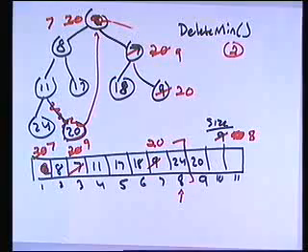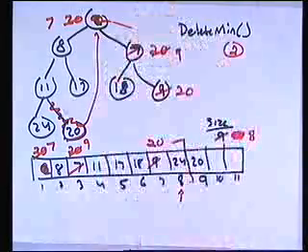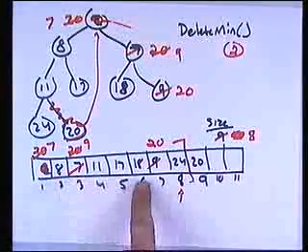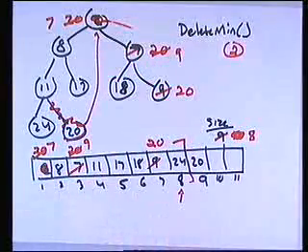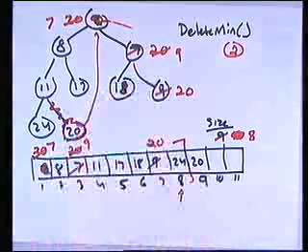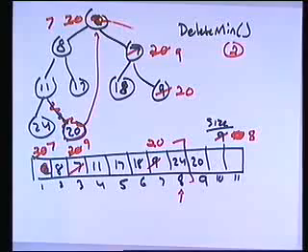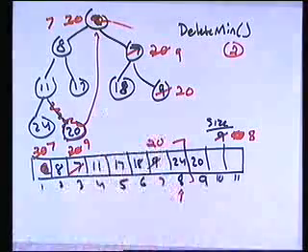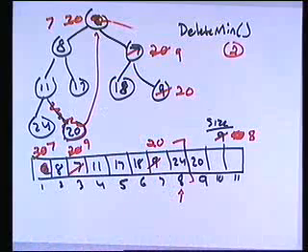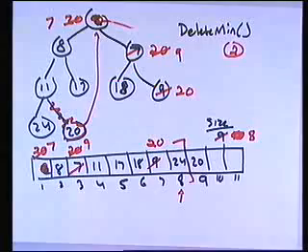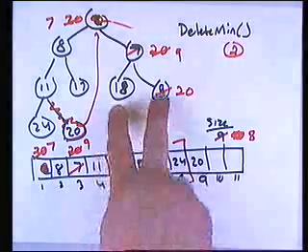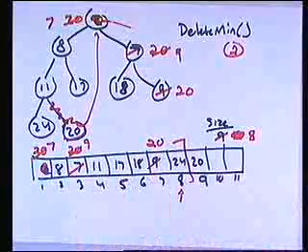So 9 can rest comfortably up in this spot. 9 can be the parent of 18 because 9 was the minimum child. Out of the 2 children, we're picking the smaller one because then that smaller one can safely be the parent of the other node. So the smaller one can be the parent of the larger one. When you have 2 children, the minimum can move up. That's why we pick the minimum child.